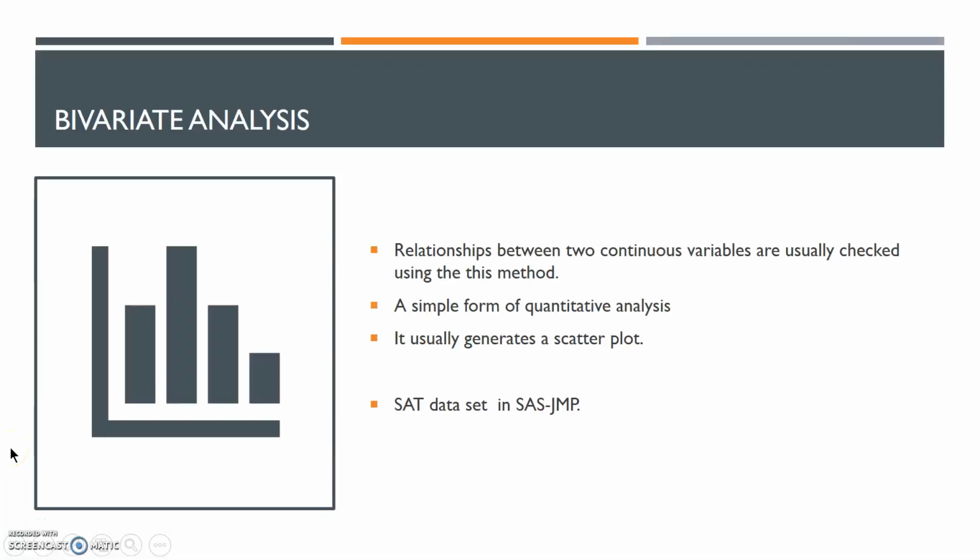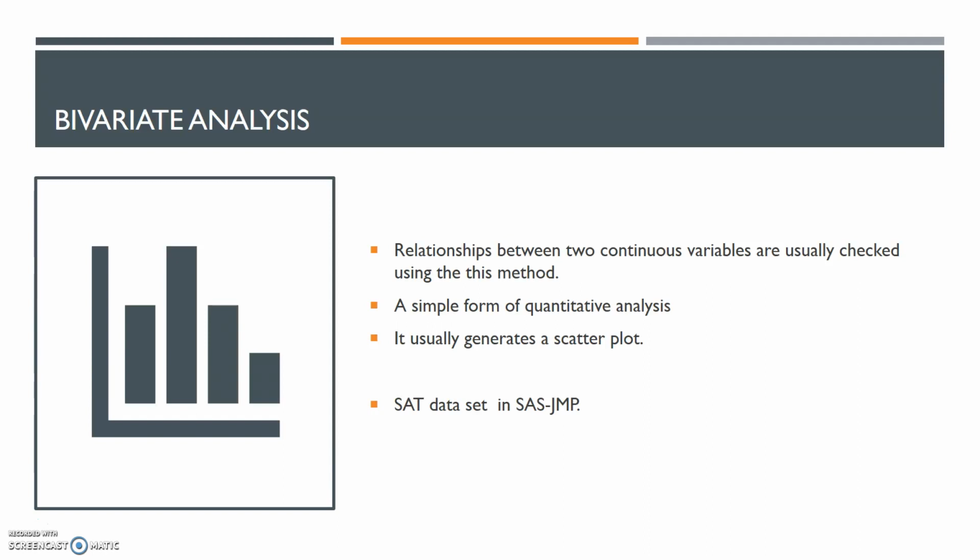Alright, so up next we have bivariate analysis. Bivariate analysis basically checks relationships between two continuous variables. Unlike univariate, which deals with one, bivariate, as the name says, deals with two.